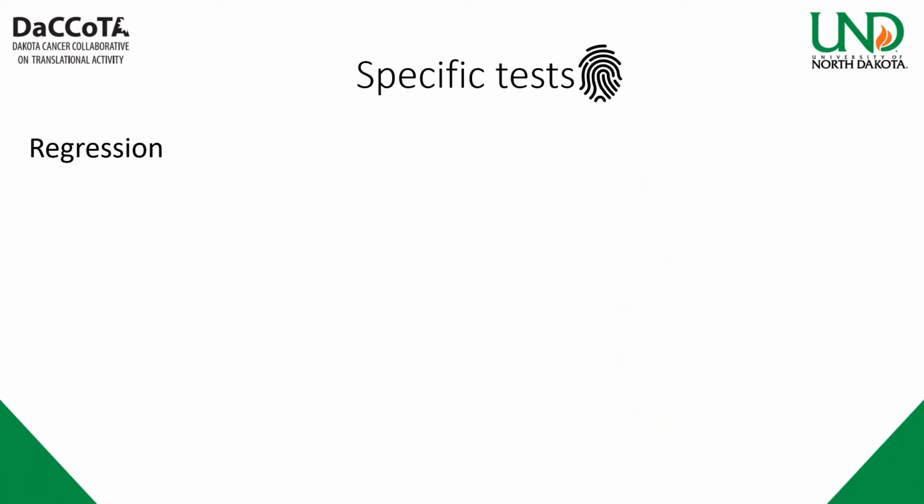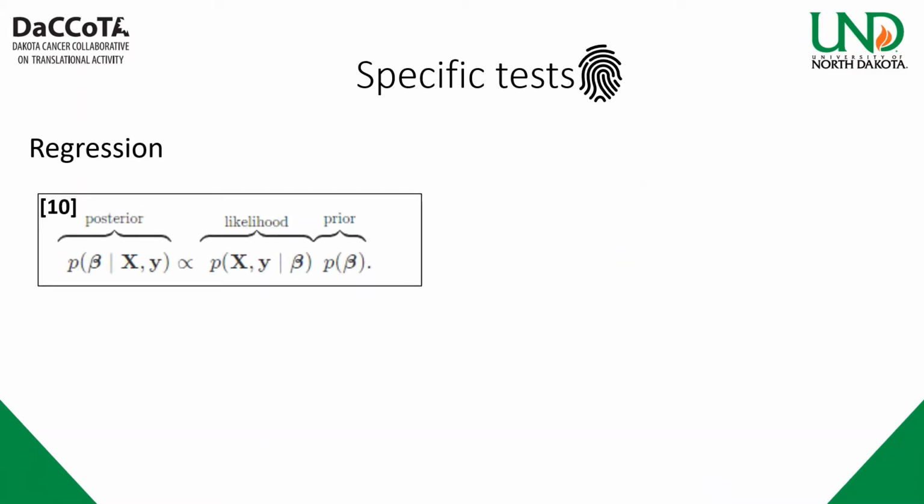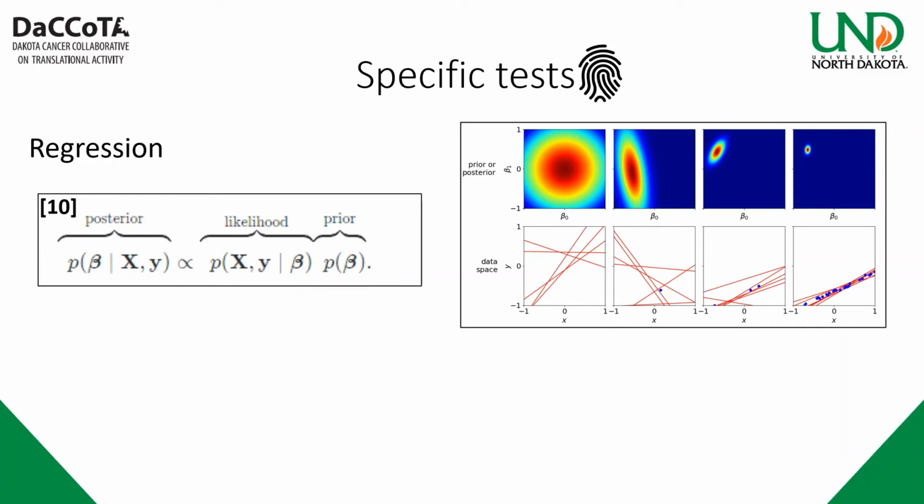Now regression is going to be a little bit different. This might be one mathy way of translating Bayes' theorem into regression, but this graph or image helps visualize a little more.